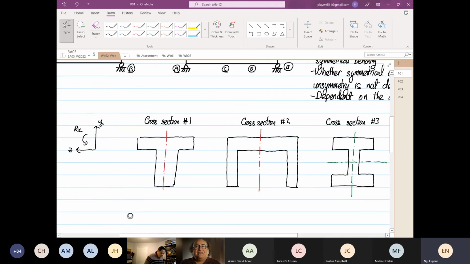Cross-section 1 looks like a T, and we have an axis of symmetry about the YY axis. Cross-section number 2, also YY axis. Cross-section number 3, axis of symmetry is on the YY and on the ZZ axis.